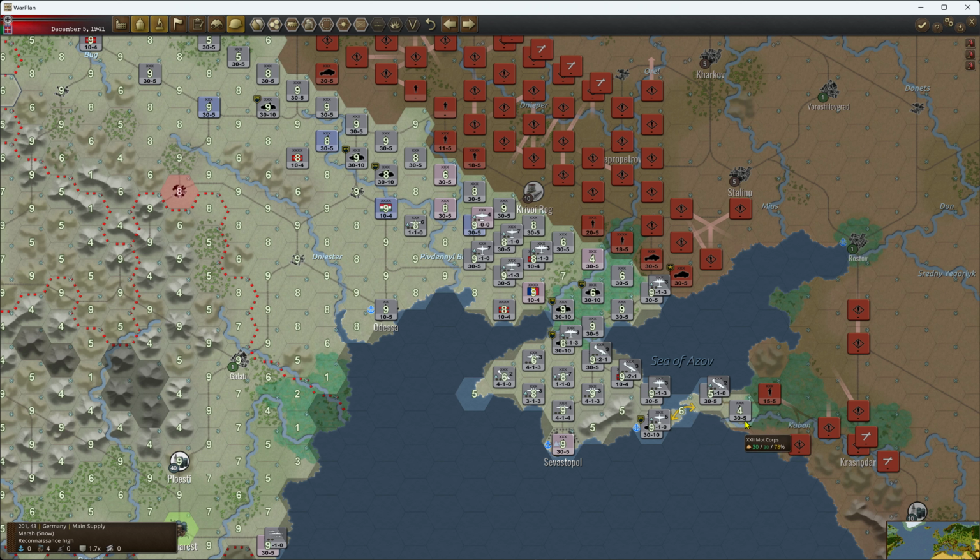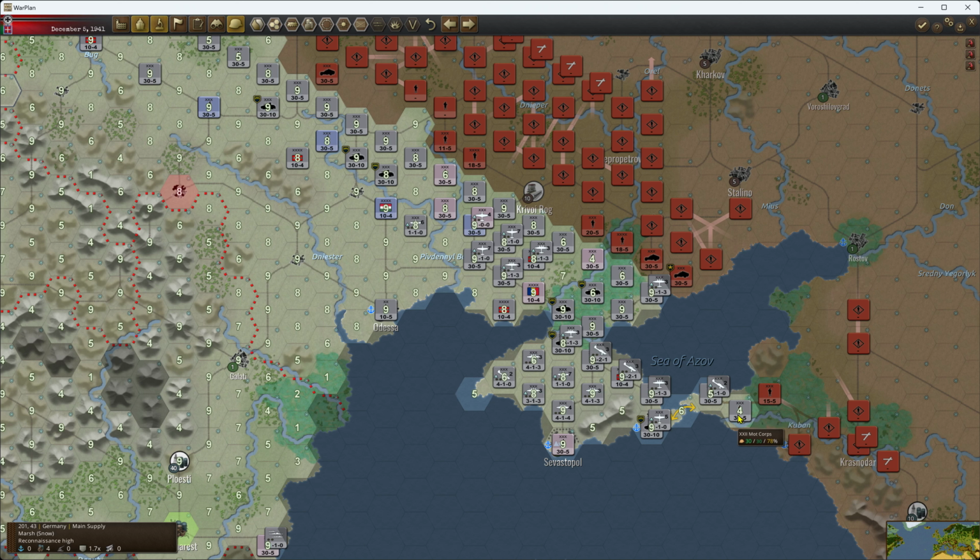The only problem with that is there's a road going from this crossing point, and it looks like you can only be in supply out to here. And if you go any further, you're not in supply. So it's like a dead end for an attack.